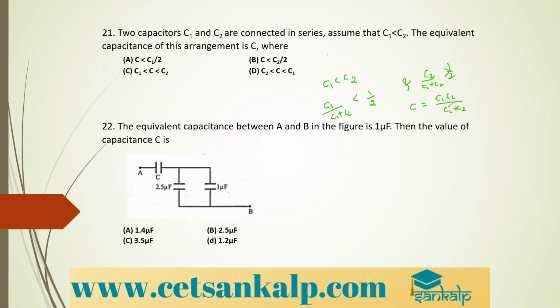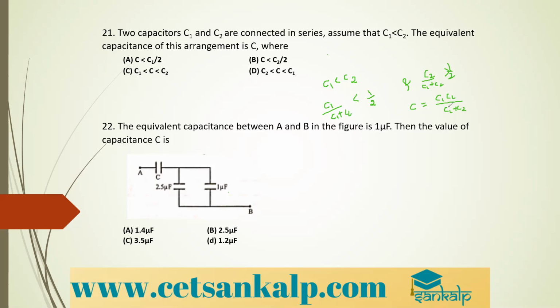Just substitute the C1, C2 values, and if you simplify from the above steps, you will get option B is the correct option. That is C is less than C1, C2 divided by 2. That is option B is the correct option here.